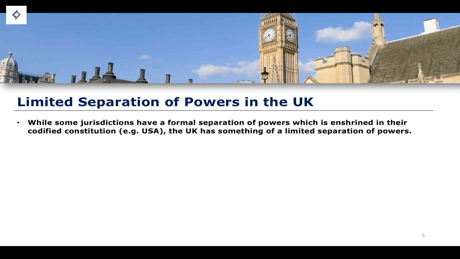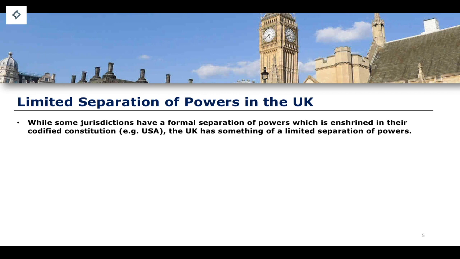This is known as a system of checks and balances. Not only is power separated across these three institutions, and the institutions clearly separate, but in addition to this, the institutions can also have power over each other, such that no one authority can have too much power because it can be checked by the other two branches.